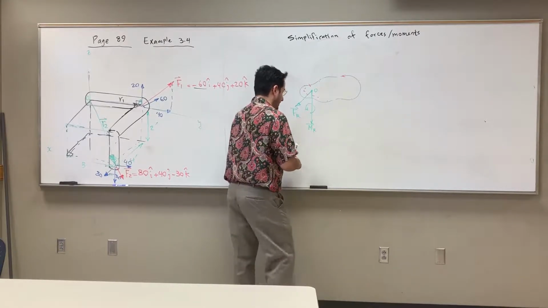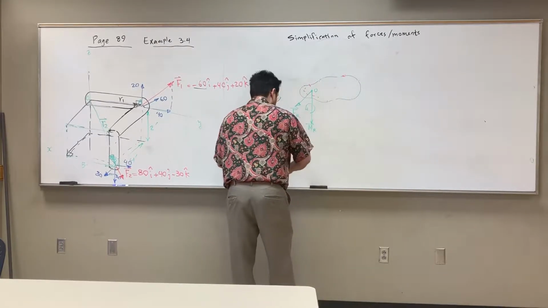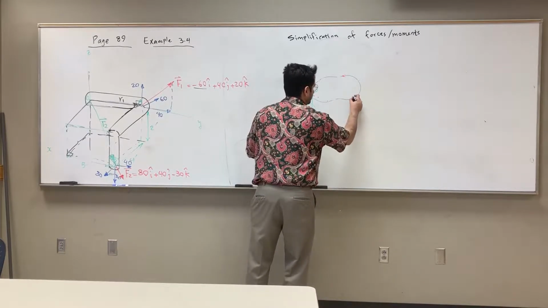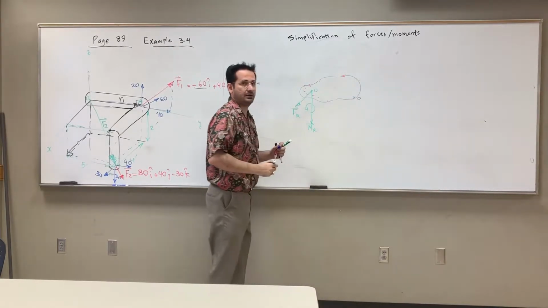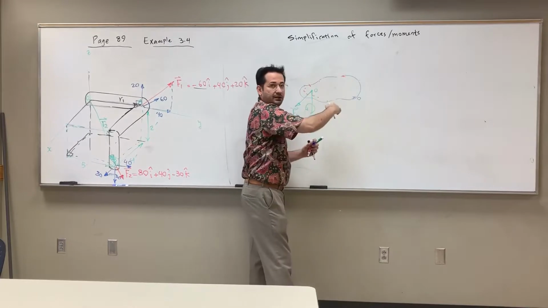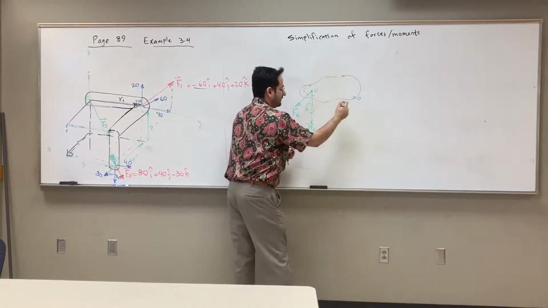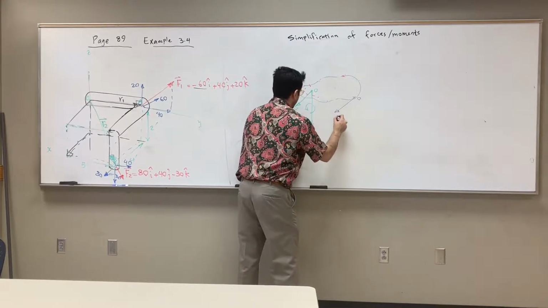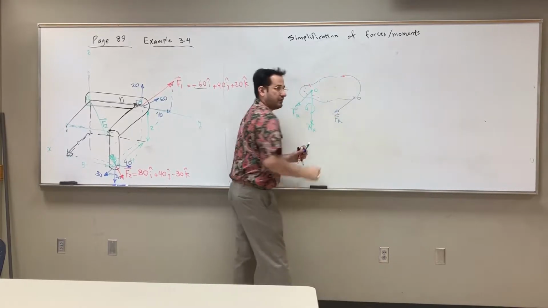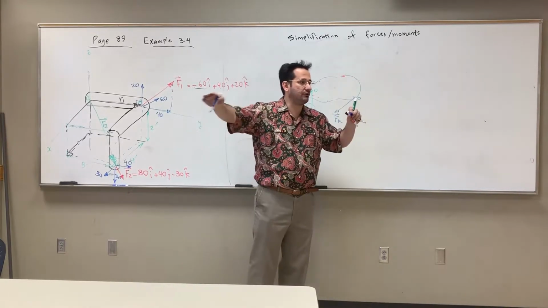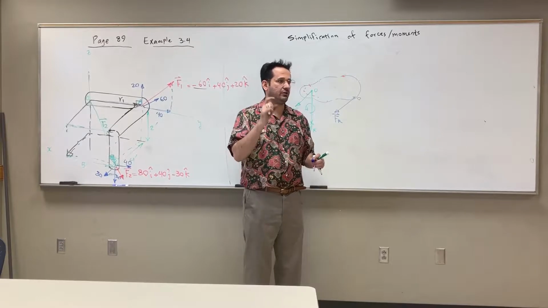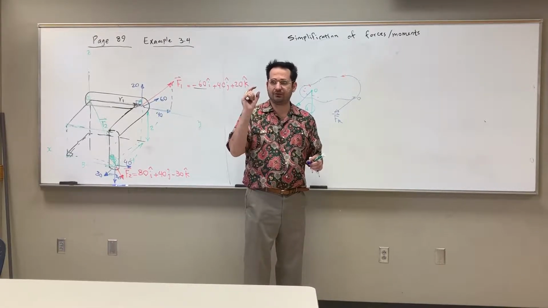Now if I change the point, let's say bring the point here. Let's change the point. O is now here. And do the procedure again. Look, the resultant force is going to be exactly the same. Why? Because force is independent of the reference point. Force is such a universal abstract value.